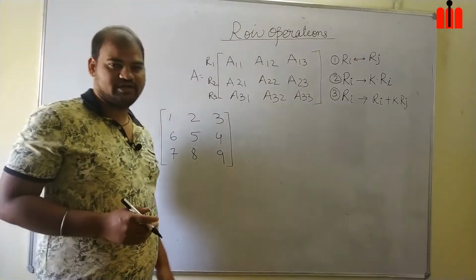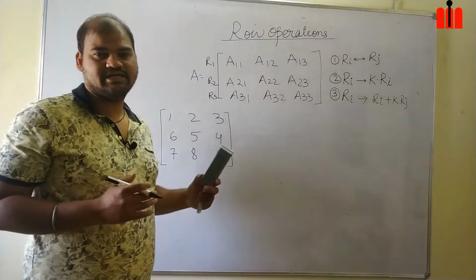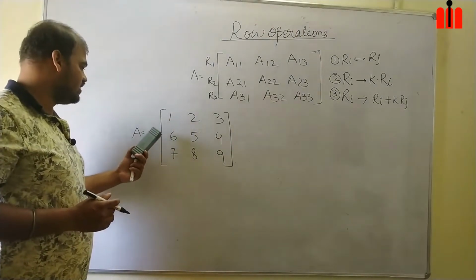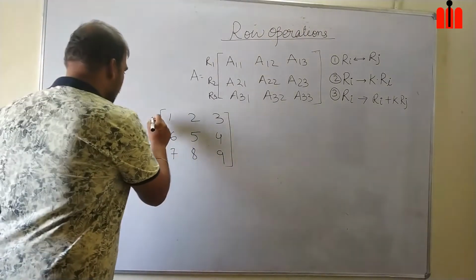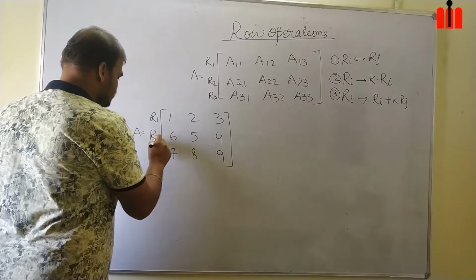Now let's see the example. Let's go with the first one, Ri and Rj substitution with each other. Suppose I is 1 and J is 2.